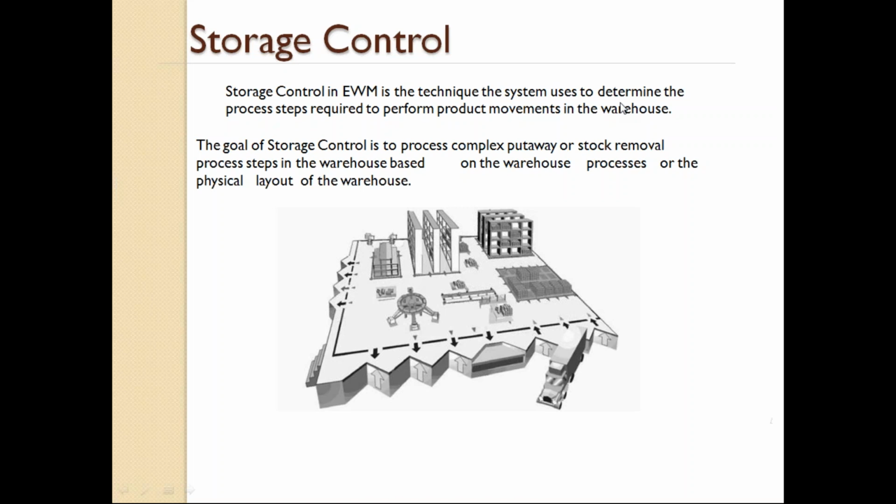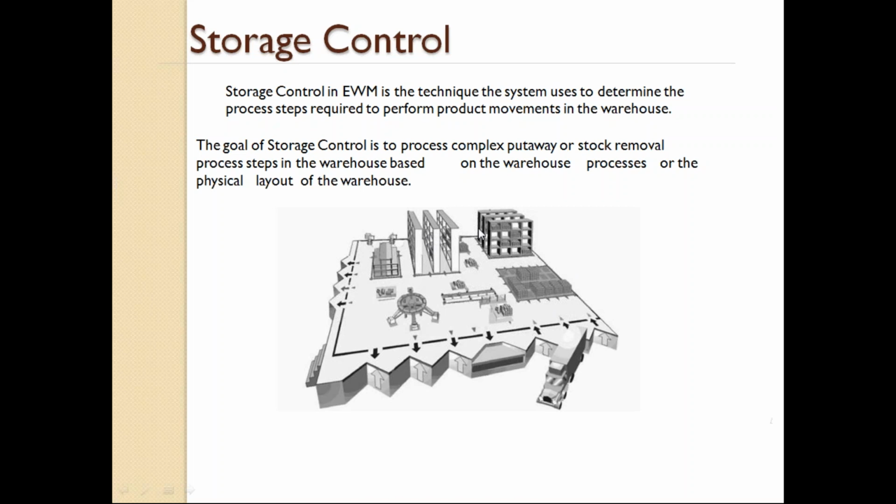Basically it's due to the constraints that you have in your stock removal and putaway process, due to the process requirement. Let's say, after you put your material in the GR zone, you have to take it for deconsolidation, take it for quality, and then do the putaway.